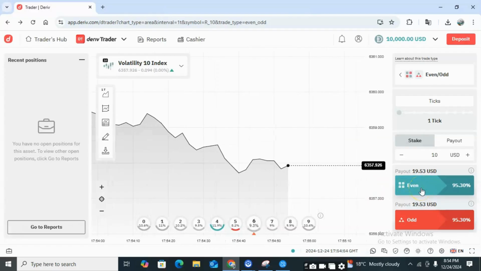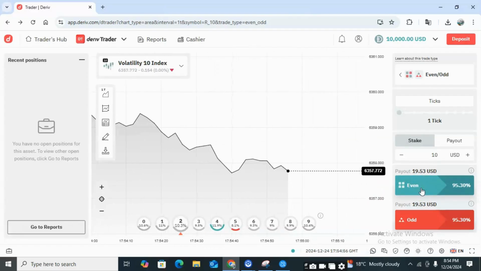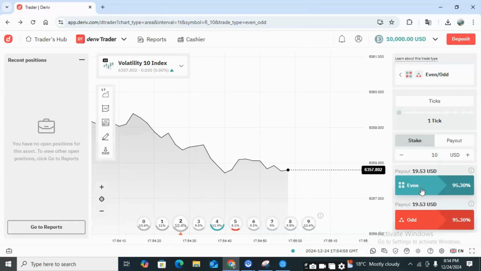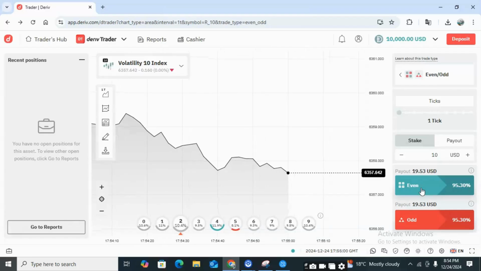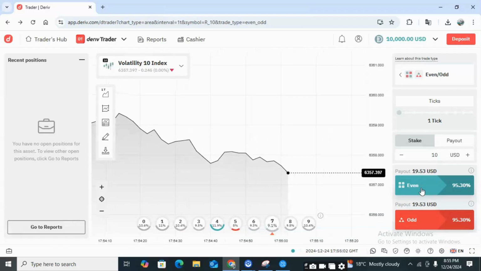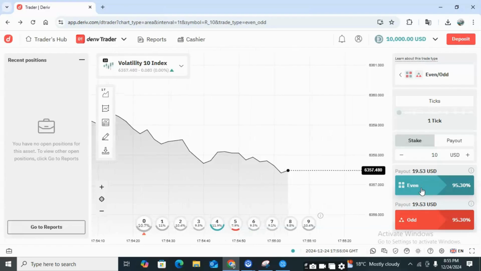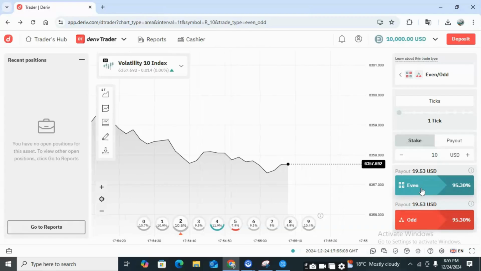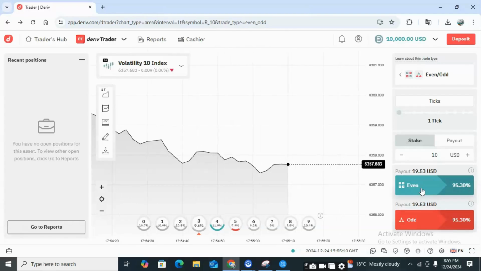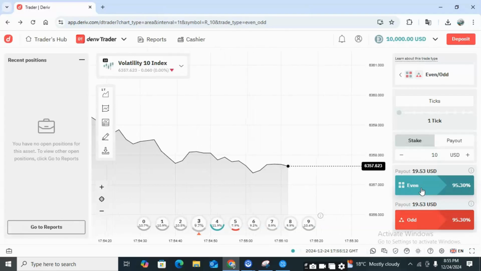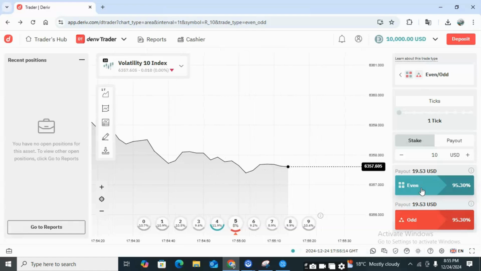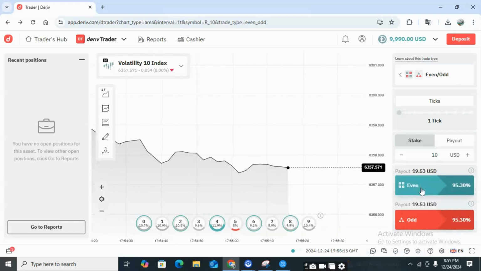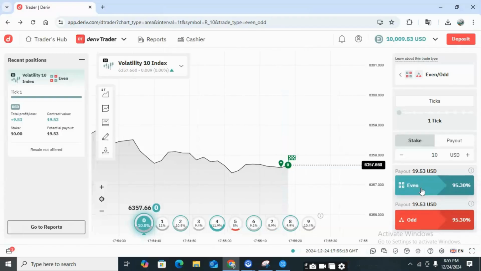We are waiting for it to touch odd numbers 3 times, and then we enter even. So let's wait for it to touch 7. We have 0, it's even. We have 8, 2, 3 again, and also 5. So let's go for even.